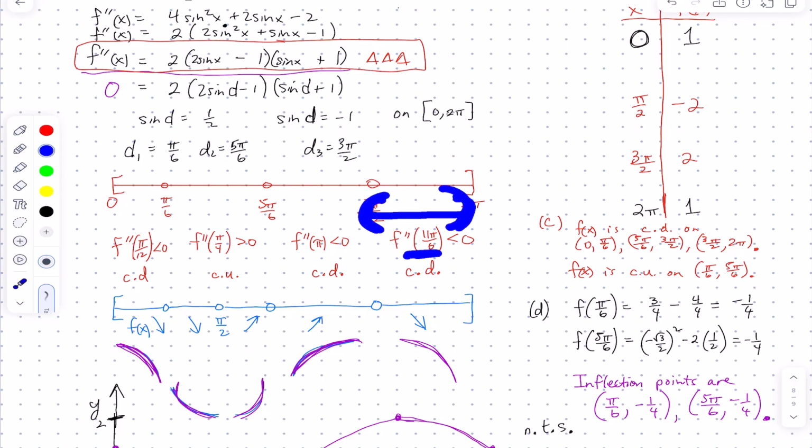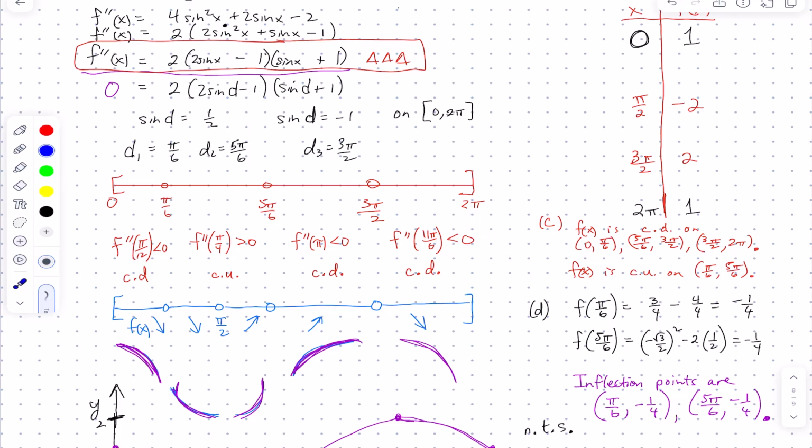I picked 11 pi over 6. Once again, substituting into the second derivative, let's see. This is positive, this is positive. Sine of 11 pi over 6 is negative 1/2. This is negative. So positive times a negative times a positive is definitely negative.